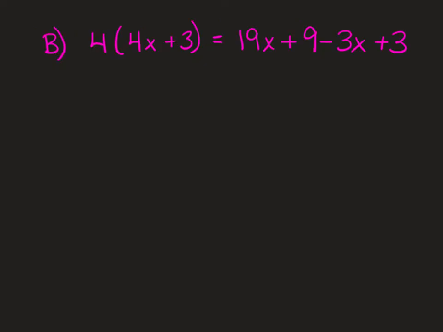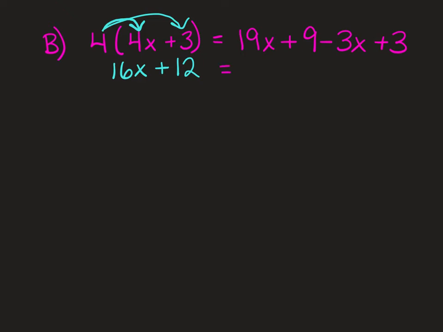Equation B, we have 4 times the group 4x plus 3 equal 19x plus 9 minus 3x plus 3. We'll start by simplifying the left side by doing the distributive property. 4 times 4x is 16x, and 4 times positive 3 is positive 12.